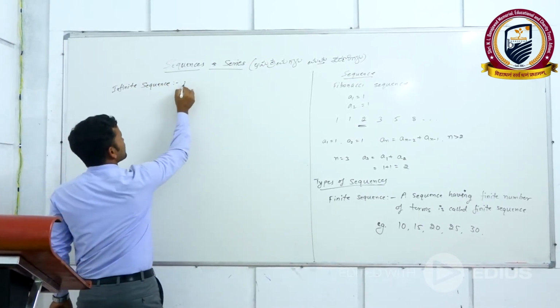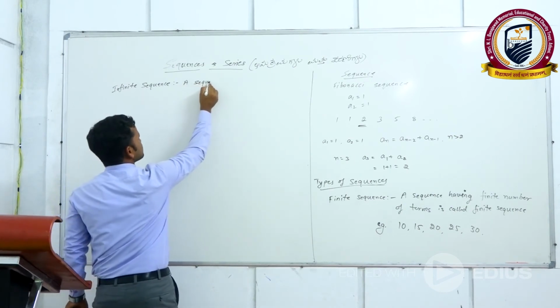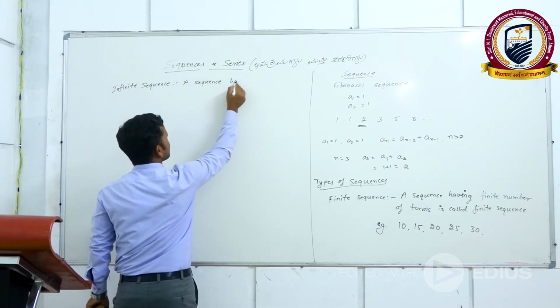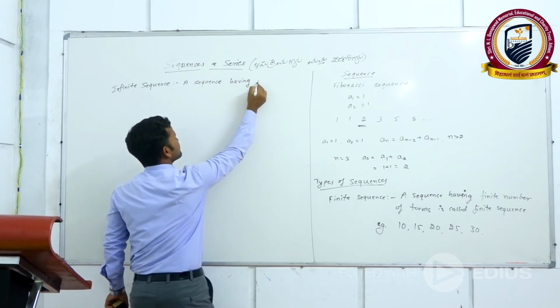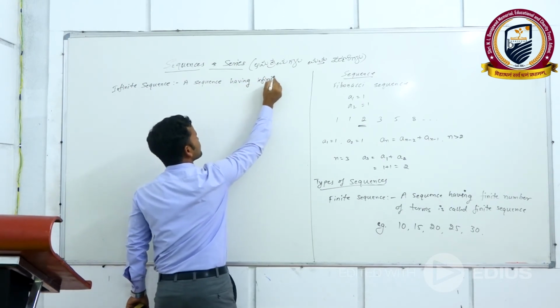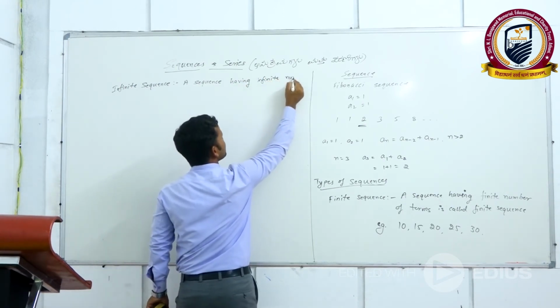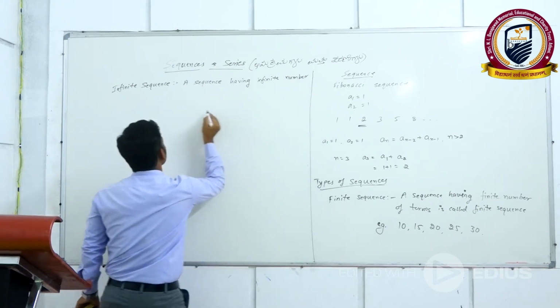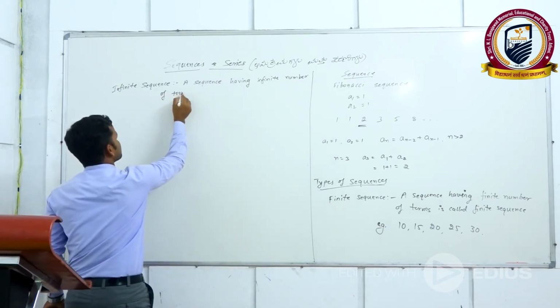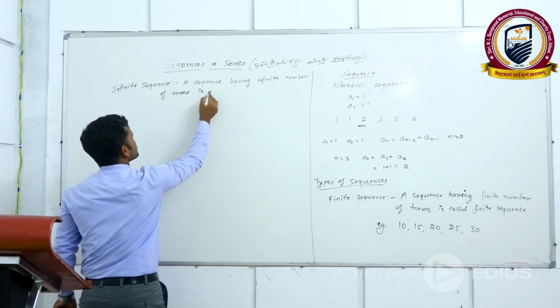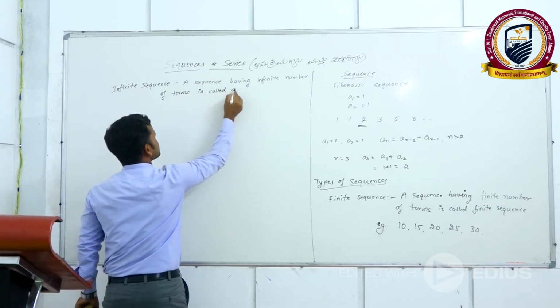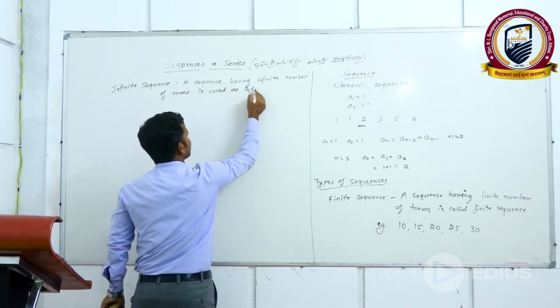Very simple. A sequence having an infinite number of terms is called an infinite sequence.